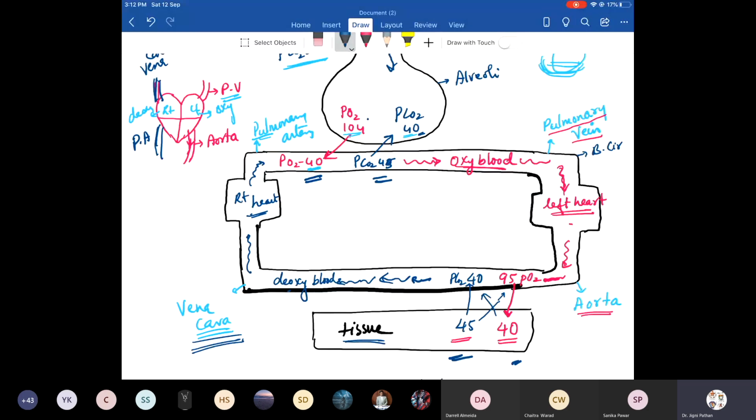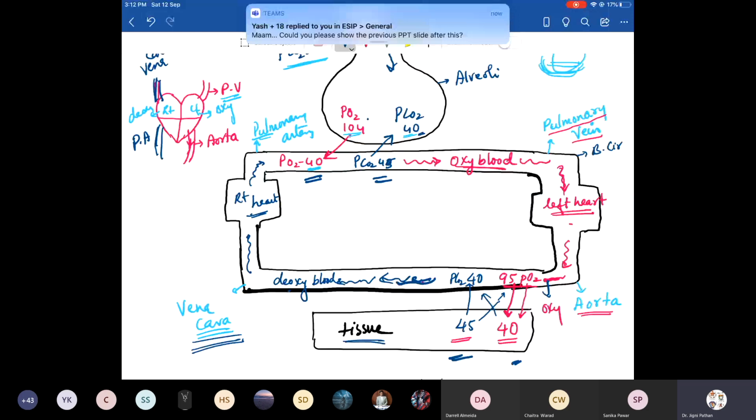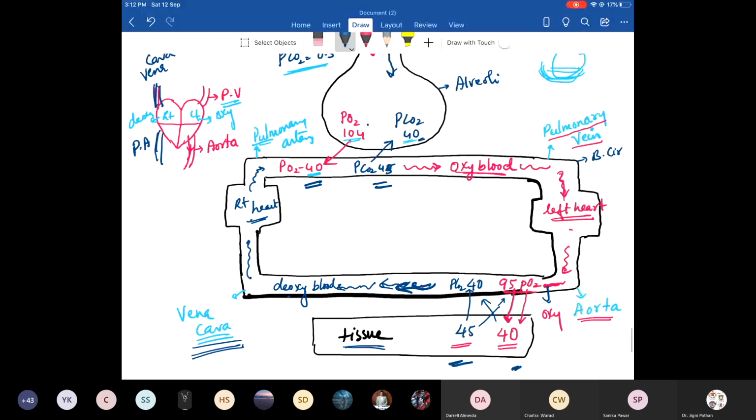This pink color is all oxygenated blood, right? In the oxygenated blood, your oxygen level is higher than the carbon dioxide level. So oxygen moves from high concentration to low concentration, and an exchange happens at this level. Now the blood which is coming out will be deoxygenated. Yeah, I'll show you the slide.